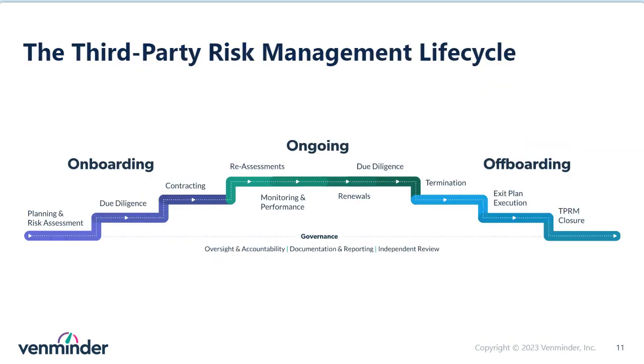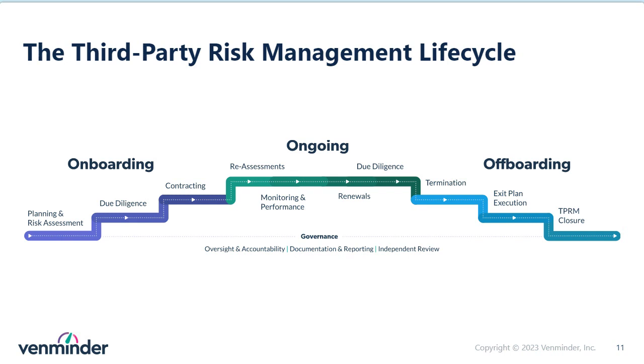Another really important component of your program is that it follows the third-party risk management life cycle. We're not going to spend a lot of time on this today, but just as background, the life cycle was developed with financial regulators. It has now been adopted as best practice for many industries.